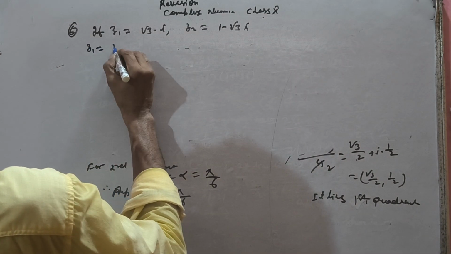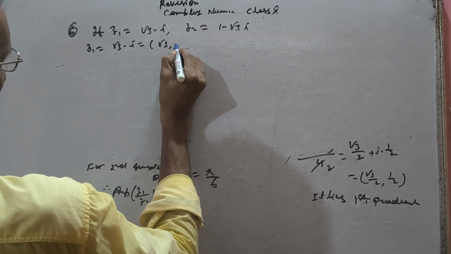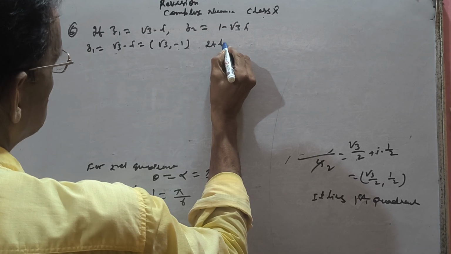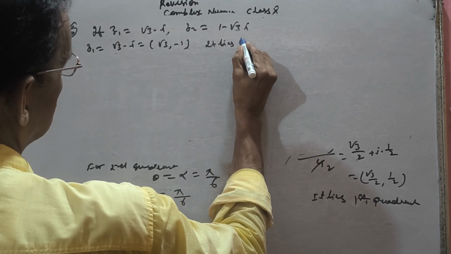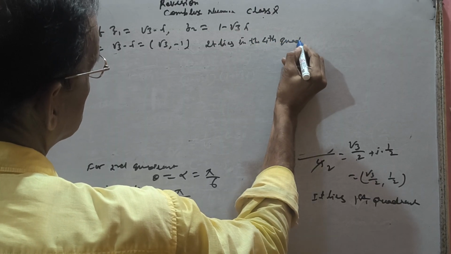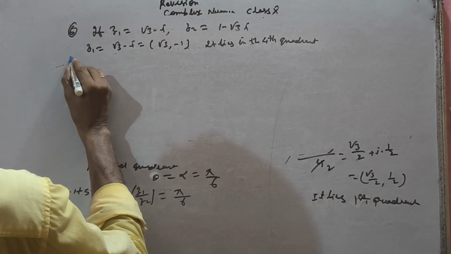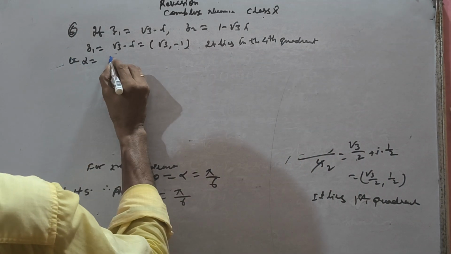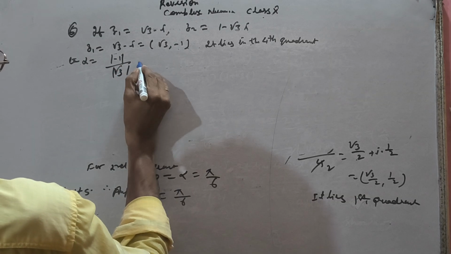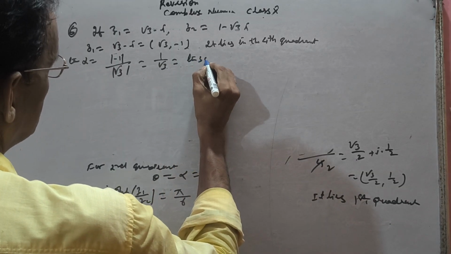Z1 equal to what? Root 3 minus i, corresponding ordered pair will be root 3 comma minus 1, which is in the fourth quadrant. It lies in the fourth quadrant. Okay. Now find tan alpha. Tan alpha equal to modulus y by modulus x equal to 1 by root 3, which is equal to tan 30 degree.